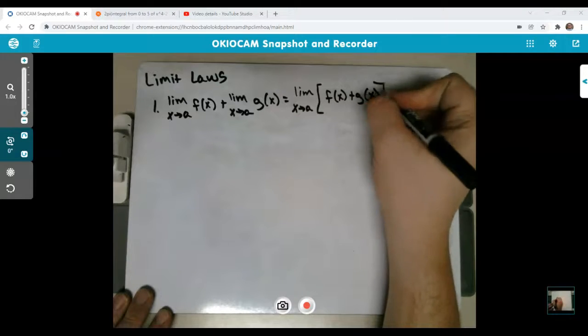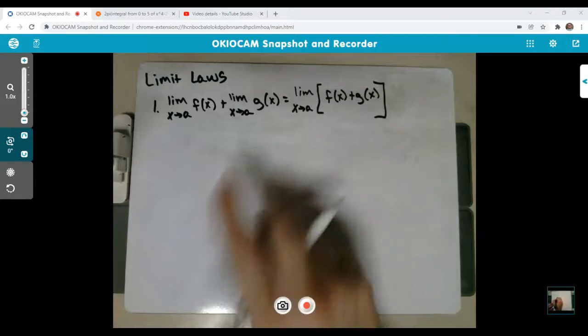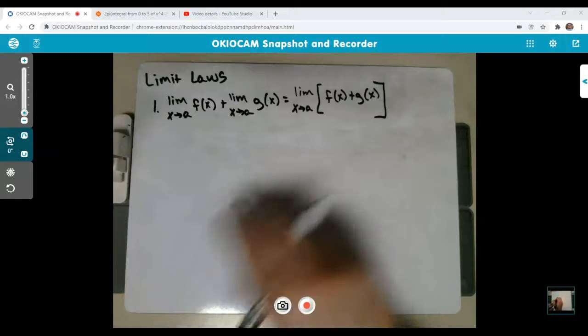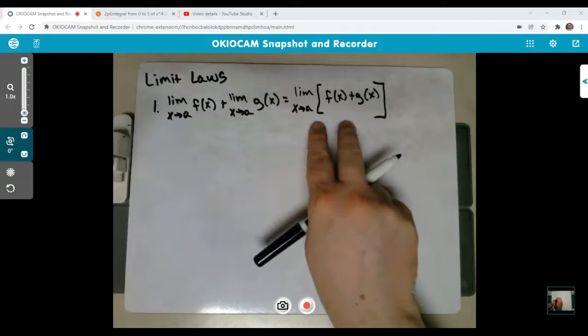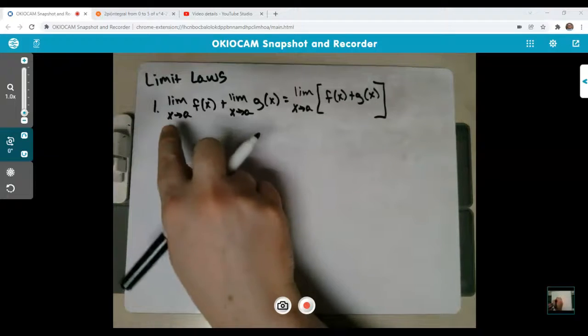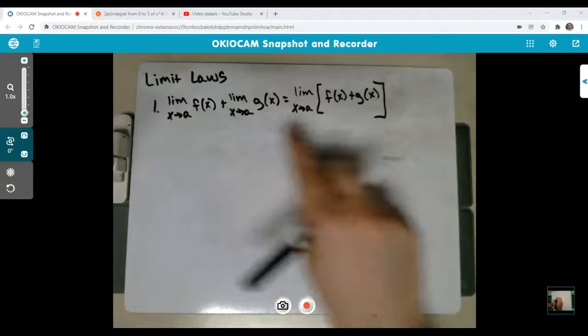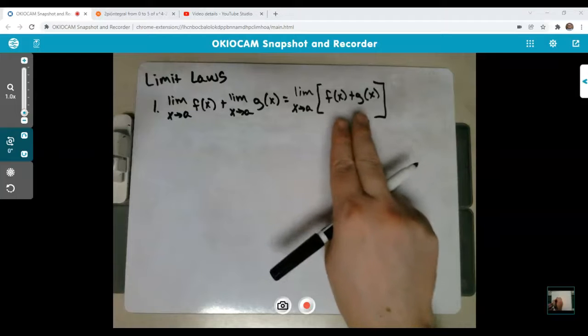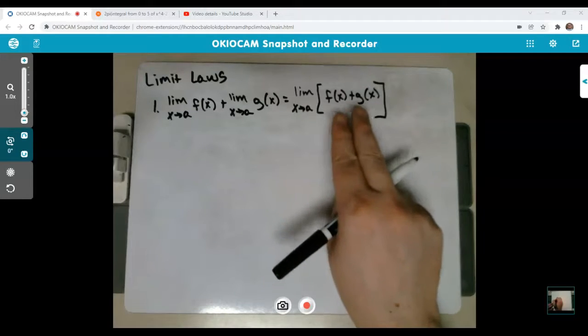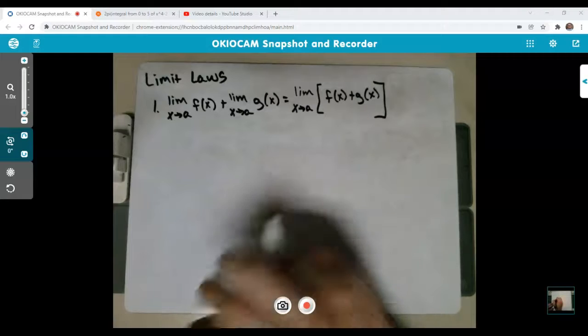I can combine those into one term, into one thing. On the same note, if I see something like this, I could actually split it up into two terms because I could do each one of these as opposed to at the same time, right?